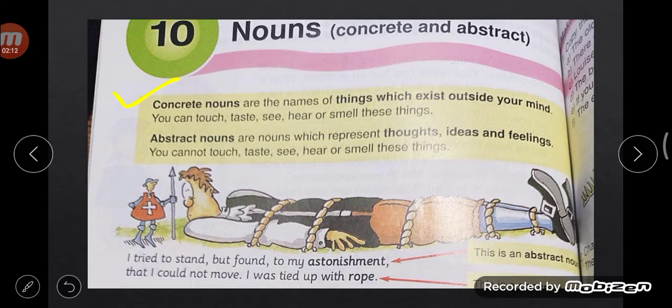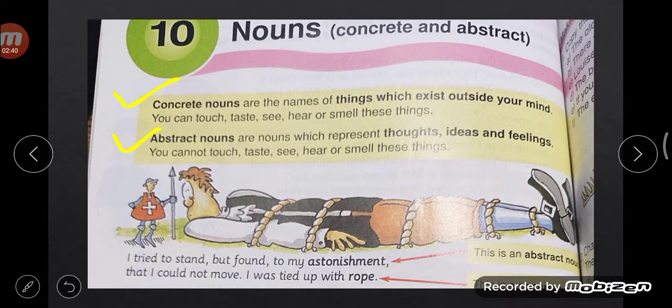Now have a look at abstract nouns. Abstract nouns are nouns which represent thoughts, ideas, and feelings. They tell us about the feelings, the emotions, the state, or the things we cannot touch, taste, see, hear, or smell.